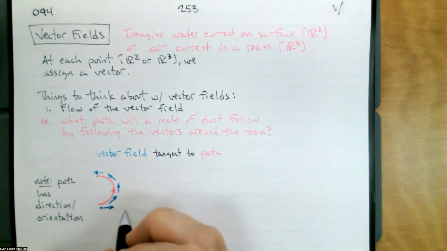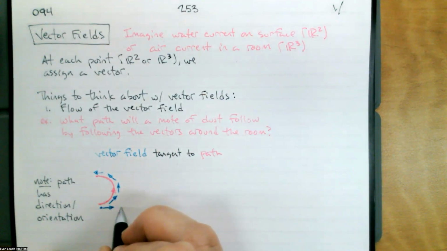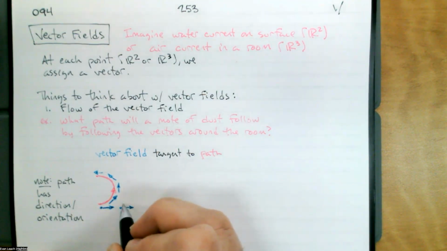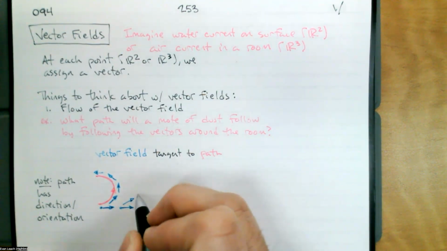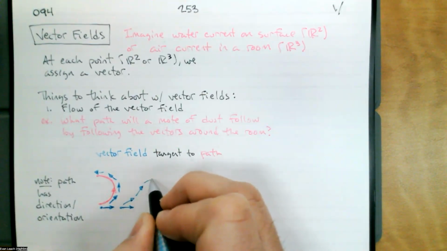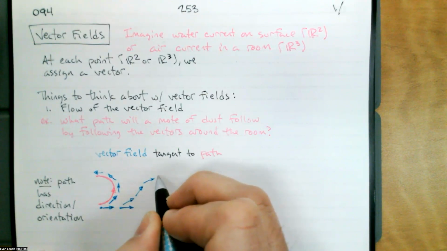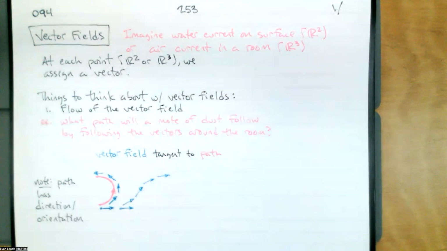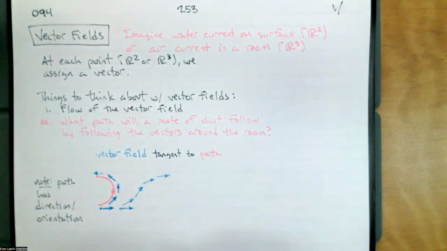So maybe if we start a little bit later, we see the same horizontal, but it goes up at a little bit less of an angle. And so we might be carving out a different path if we start a little bit to the left of where we're going and a little bit up.